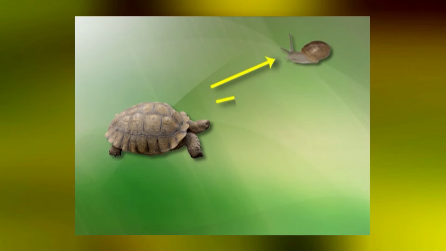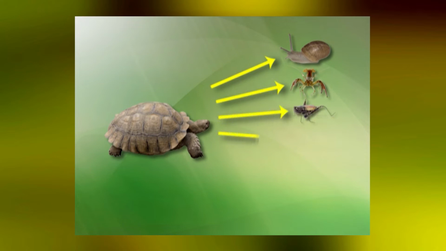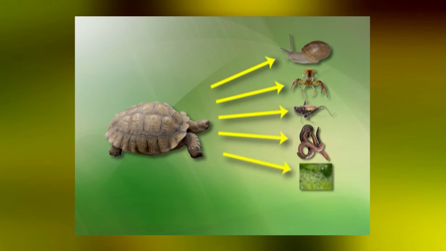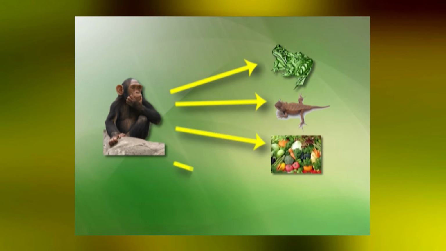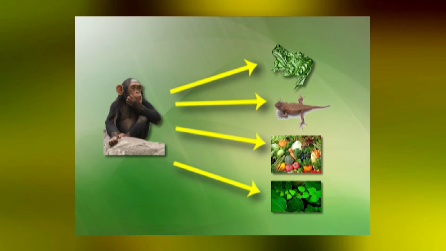They eat snails, crayfish, crickets, earthworms, but also lettuce, small plants, and algae. The third example of omnivores is monkeys. They eat frogs and lizards, as well as fruits, flowers, and leaves.